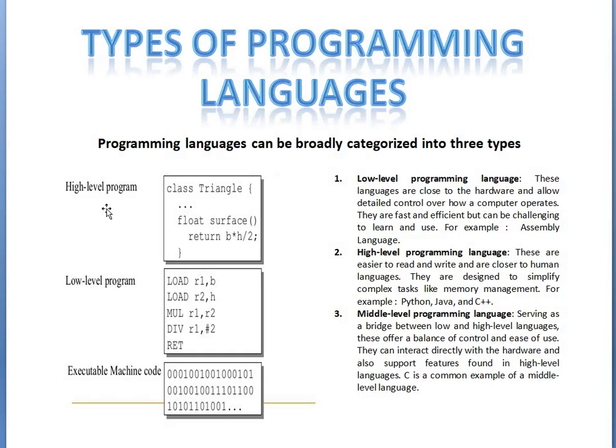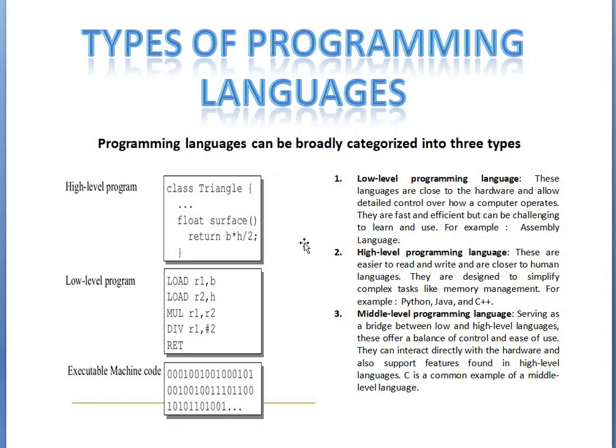So these are very difficult to understand, but we can efficiently handle the hardware using these low level languages. The examples of low level languages are assembly level language and machine level language.